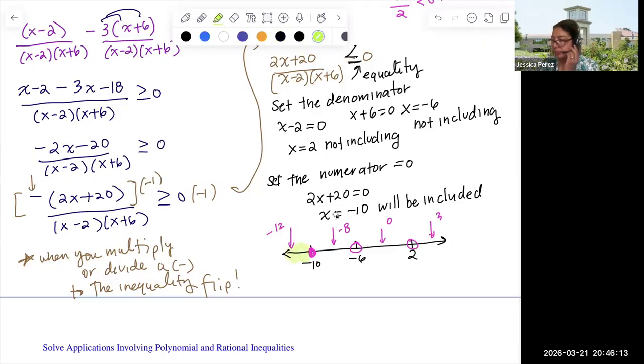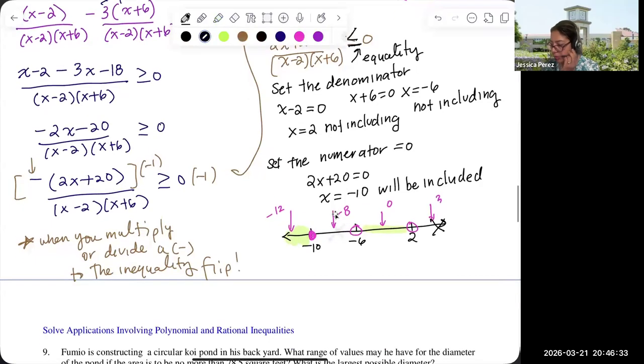Now in the middle, it was actually positive, so this one did not work. And then we also had a value that's negative between -6 and 2. So this will also shade. And this one does not work either.